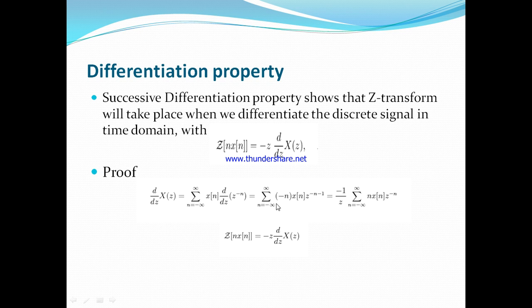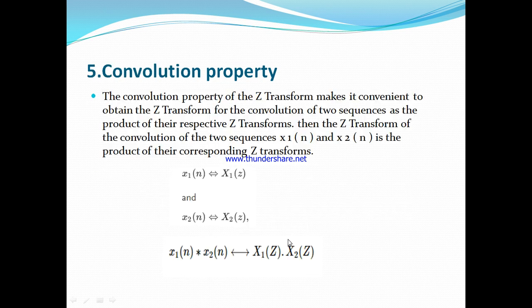So we get sigma n equal to minus infinity to infinity minus n into x of n z power minus n minus 1. So we get minus 1 by z sigma n equal to minus infinity to infinity n x of n into z power minus n. From this, the Z transform of n into x of n equals minus z into d by dz of X of z.